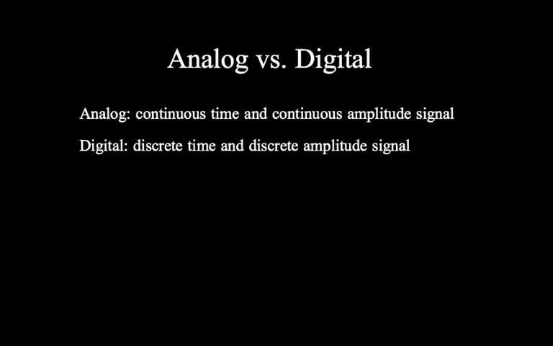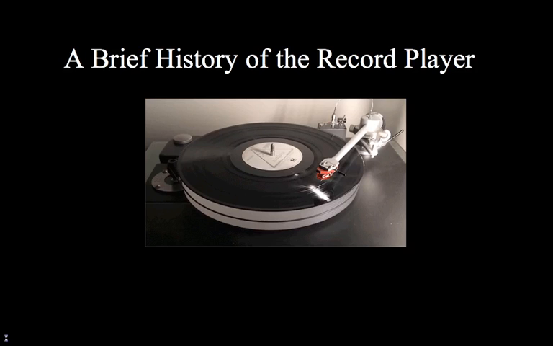So I'm going to start by talking about the history of the record player as a way of explaining an example of continuous time and continuous amplitude signal. Then we'll move over to talking about sampling and digital audio, and we'll be able to really see what is mechanistically different and why these words continuous and discrete are so useful in describing that difference.